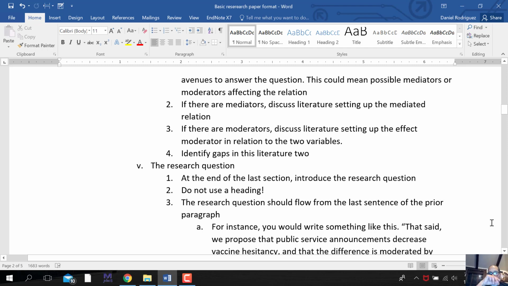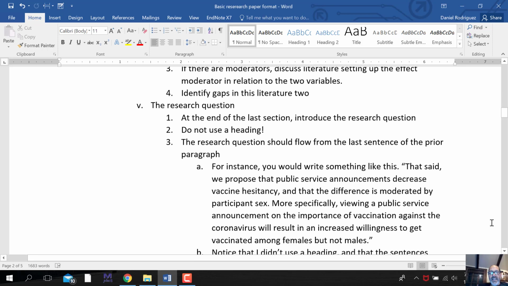So in your literature review, moderators are variables that influence the impact of the independent variable on the dependent variable. So for instance, if the effect of public service announcements on vaccine hesitancy differs for males and females, then we have moderation. In this case, biological sex would be an effect moderator.